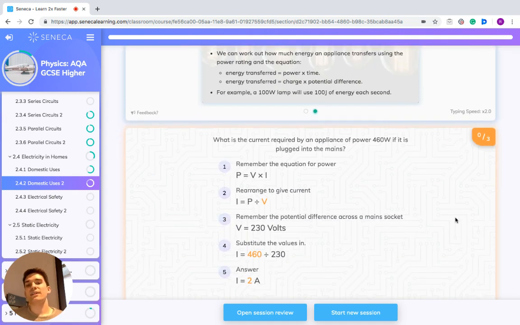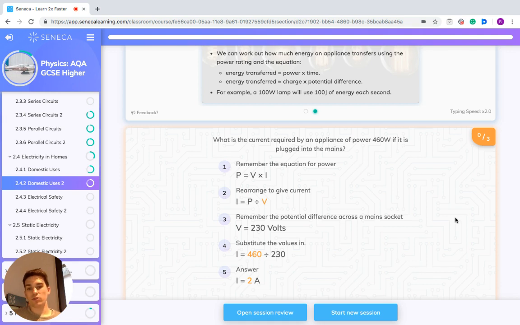So let's look at that in an example. What is the current required by an appliance of power 460 watts if it is plugged into the mains? Well, remember, power equals potential difference times the current, and we can rearrange that to say the current equals the power divided by the potential difference.